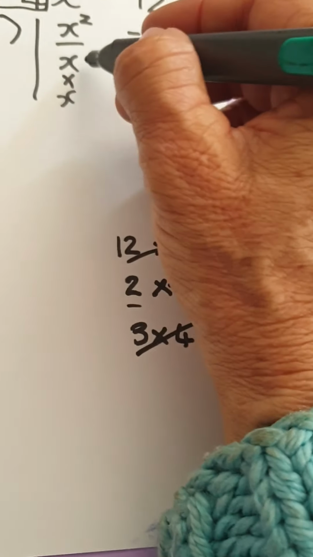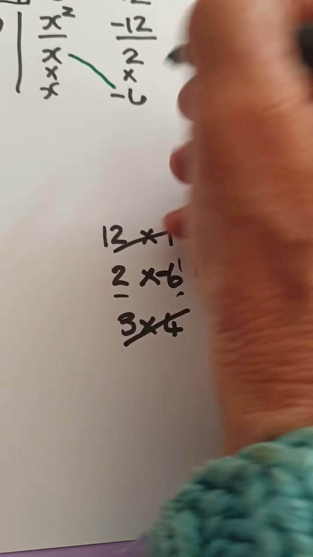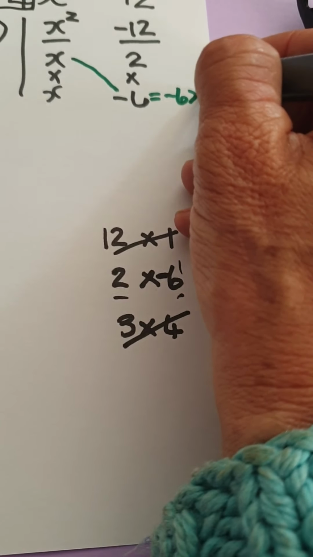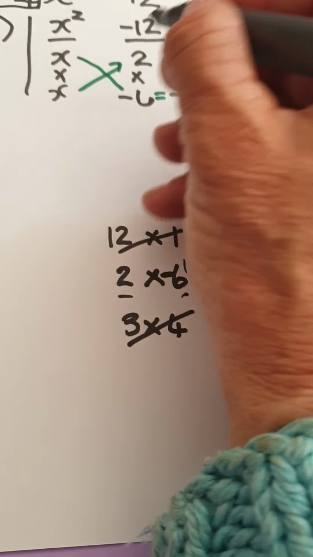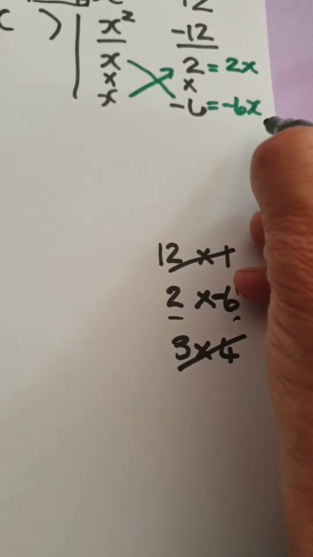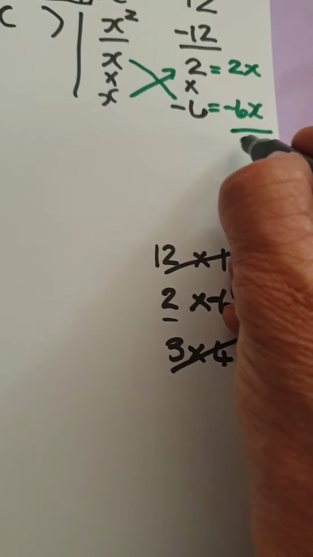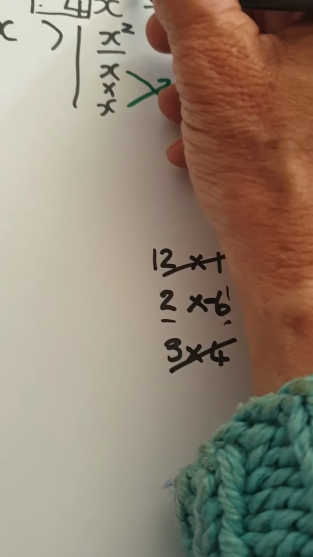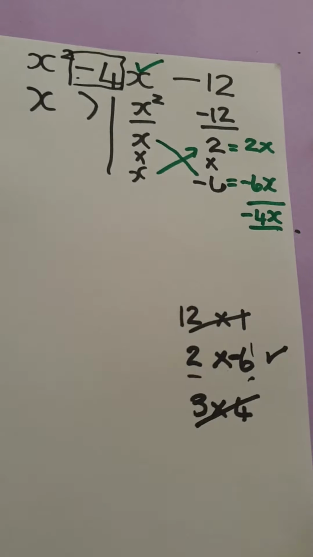Test it. Outside terms, x times negative 6 is minus 6x. And x times 2 will give me 2x. If I add plus 2x minus 6x, I get minus 4x, which is what I want. So I've got my factors.